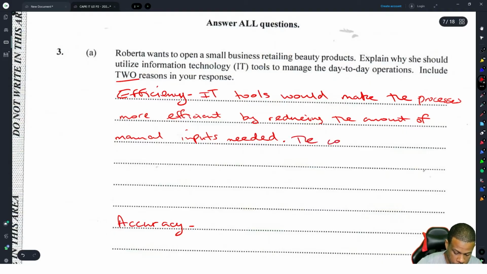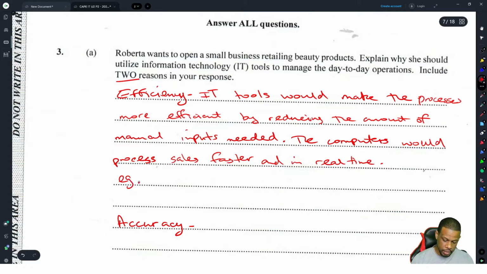The computers would process faster, and process the sales faster and in real time.